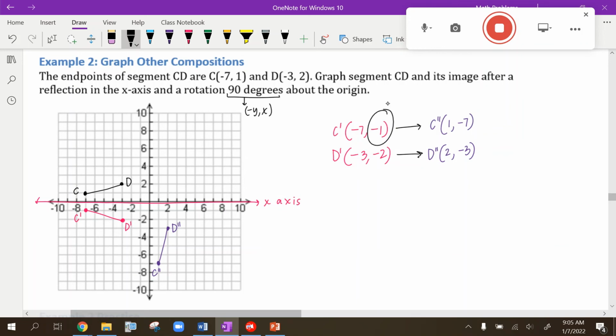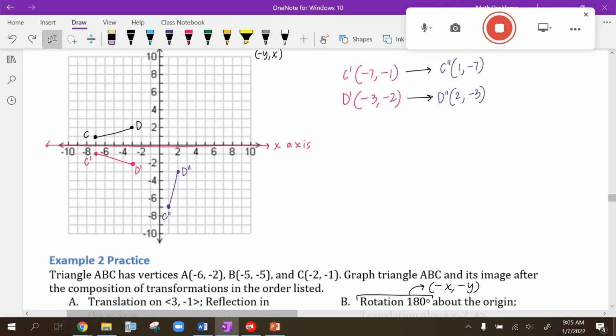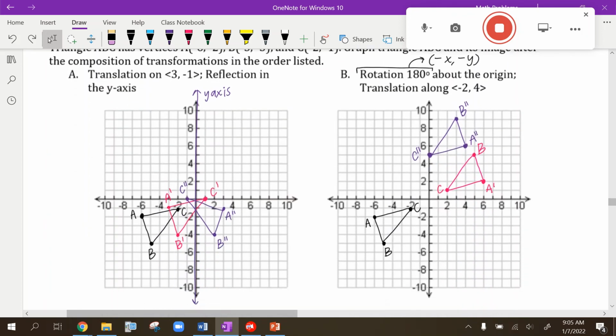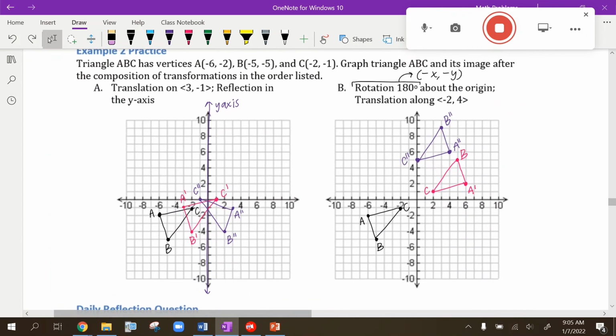So negative 1 times negative 1 is positive 1. Then switch x and y. So it becomes (1, negative 7). Do the same thing for the other point and then graph it on the coordinate plane. I want you guys to try this too, so I put 2 practice problems for you to try below. Here are the correct answers for those practice problems.